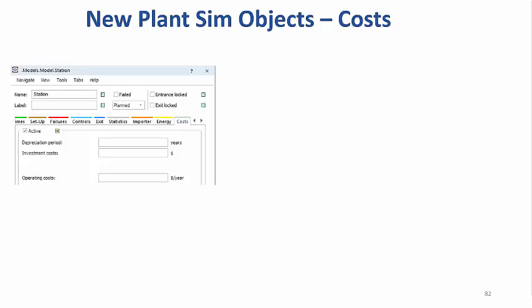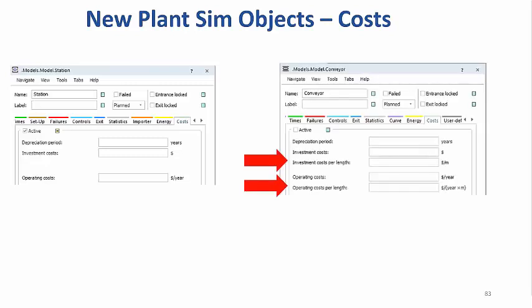A new cost tab appears in the material flow objects. Non-length objects like the station, assembly station, and robot have 3 fields: depreciation period, investment costs, and operating costs. Length-oriented objects like the conveyor, track, and angular converter have 2 more cost per length fields.